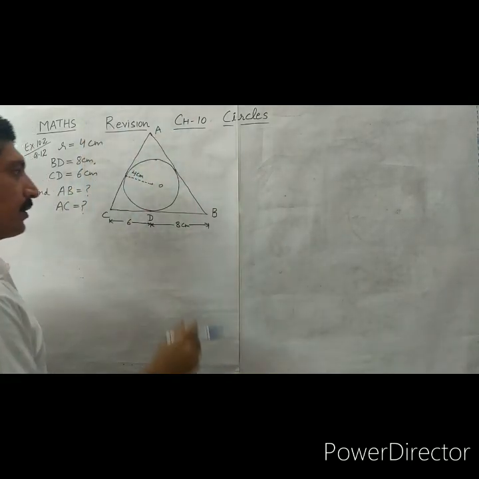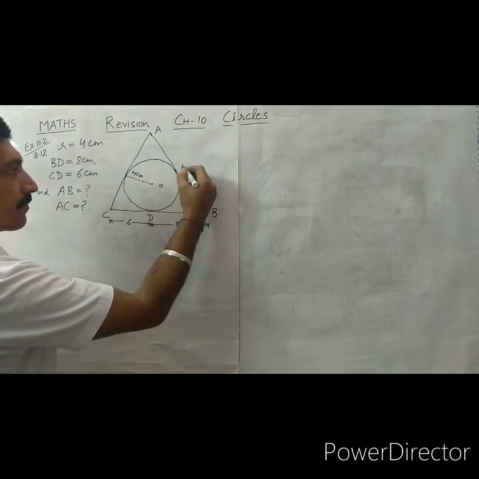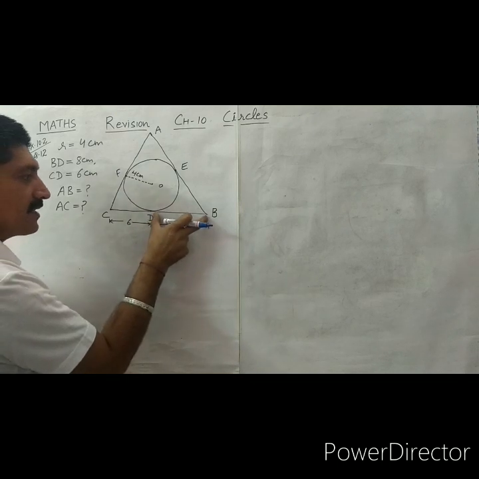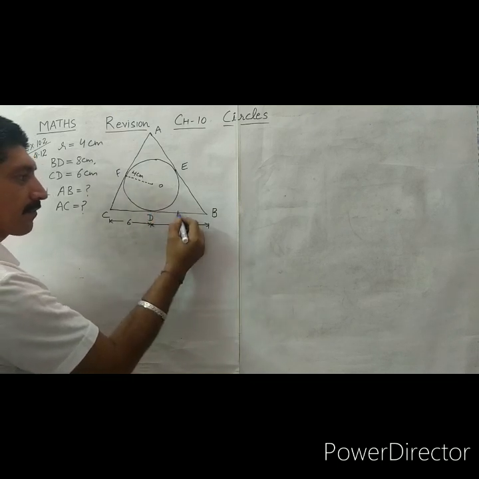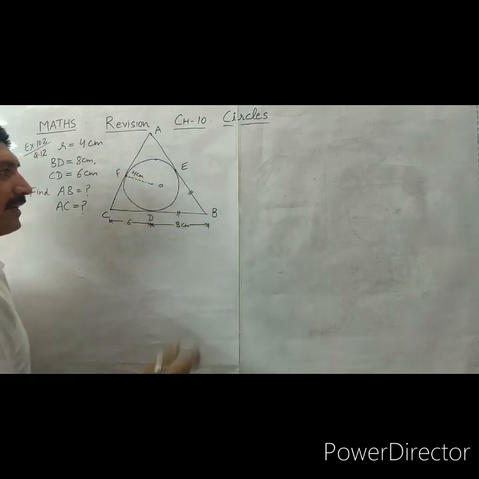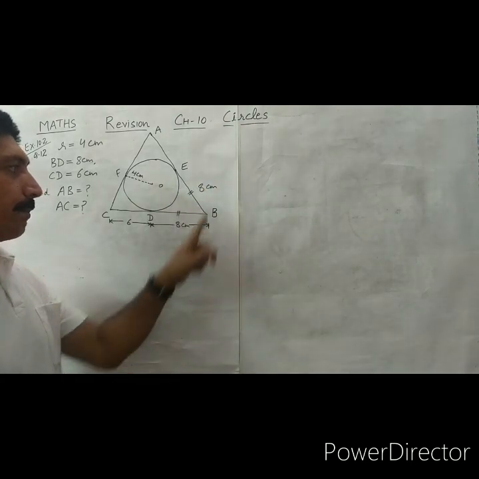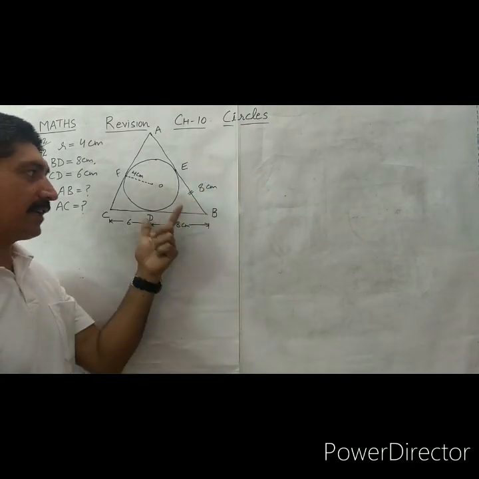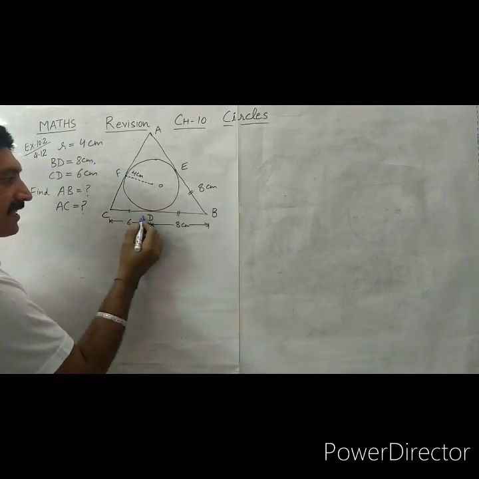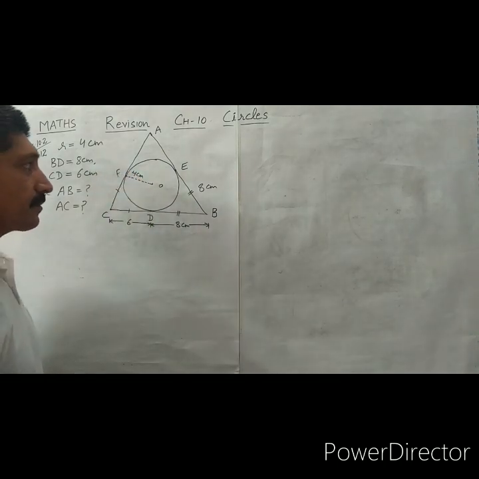So here, let this point be E and this point be F. If BD is 8 centimeter, then BE is also 8 centimeter. We know the lengths of a pair of tangents are always equal. Similarly here, if CD is 6 centimeter, then CF is also 6 centimeter.